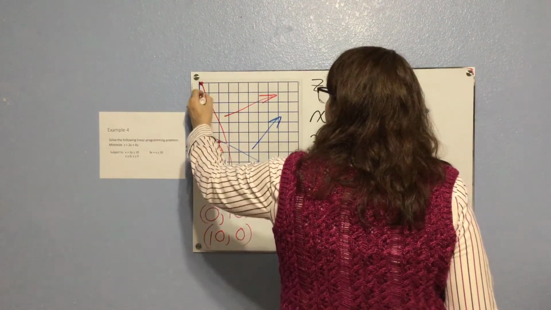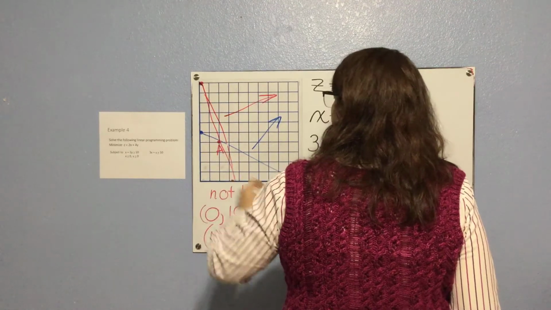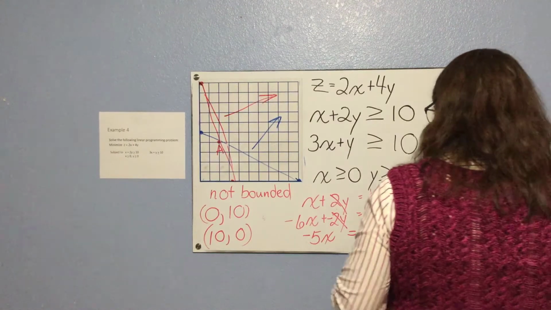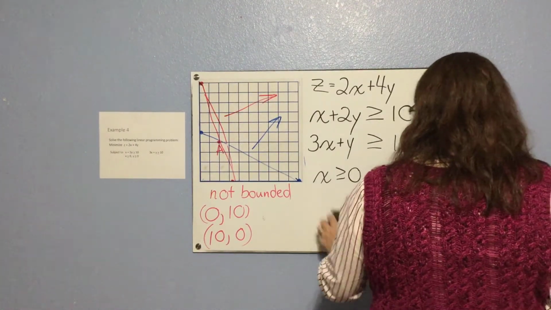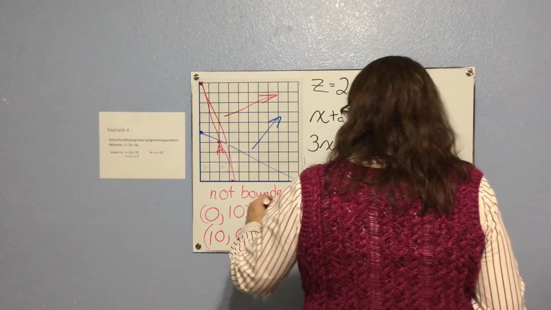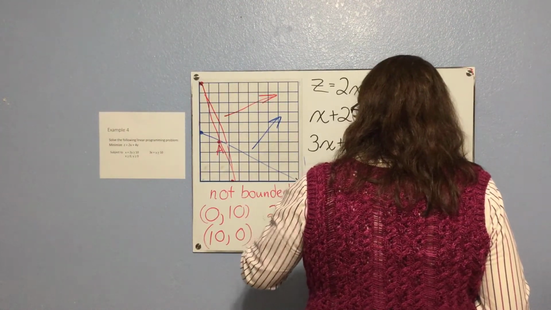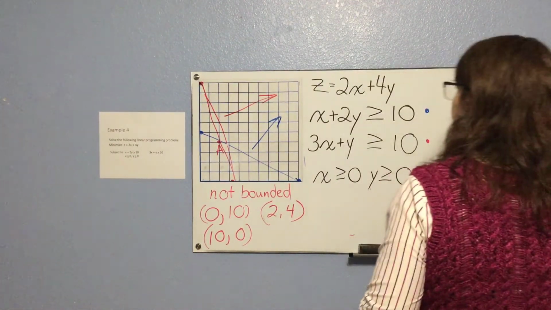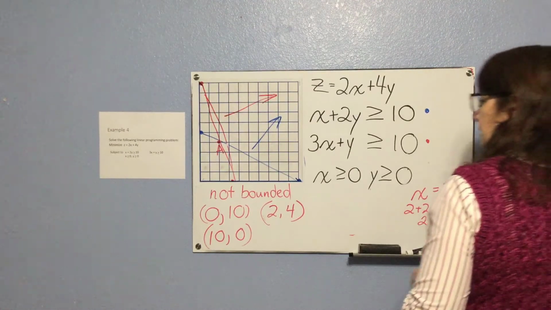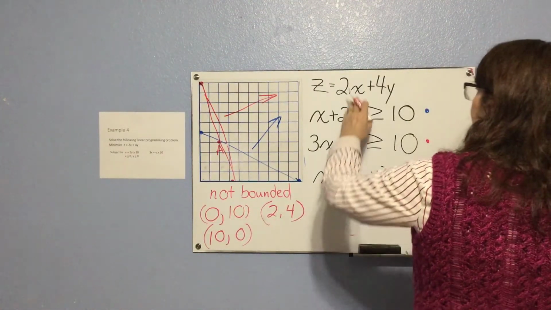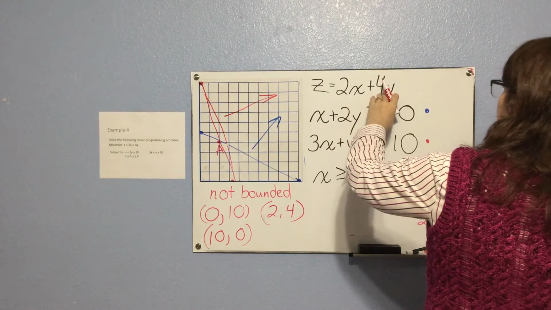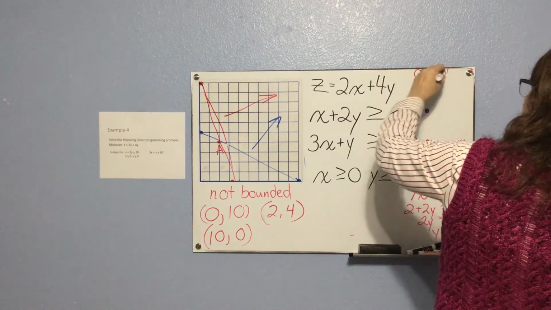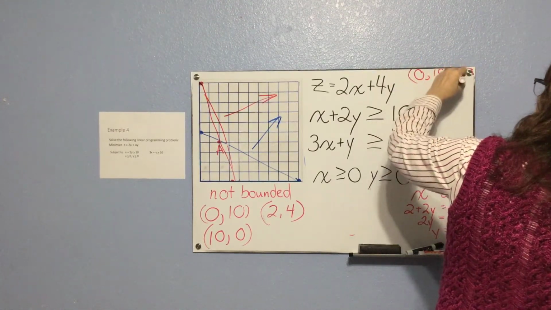So obviously not drawn great. A little more like that. So now I have my third corner point at 2, 4. And they did ask me to minimize this. So let's do that. If I choose 0, 10, I'm going to have 0 plus 4 times 10 is 40. So for 0, 10, I have a value of 40.